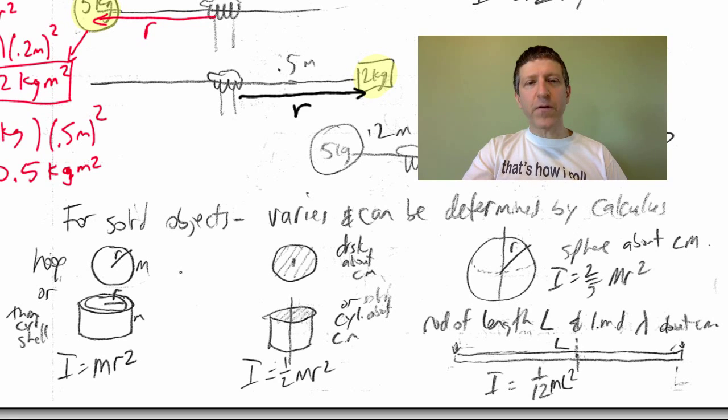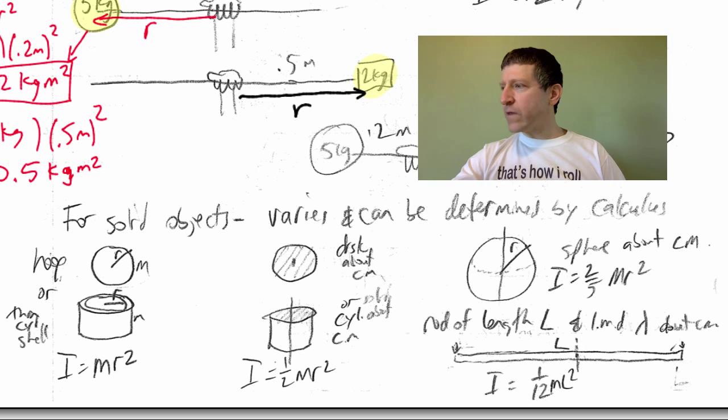As you could probably figure out, for a hoop, the moment of inertia is just m, the total mass of the hoop, times r squared, the radius of the hoop squared. I equals mr squared. This also works for a tall cylindrical shell. As long as all the mass is in this very thin shell, it doesn't matter how tall it is, all of it's still r away from the axis of rotation, and this is rotating about the center axis. That is important. This is only true about its central axis. I is mr squared for both of these.